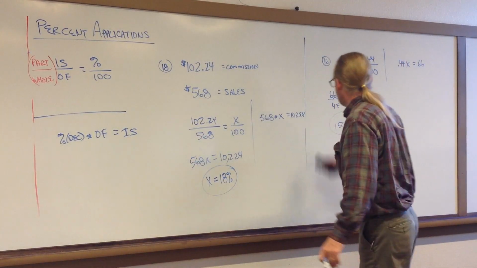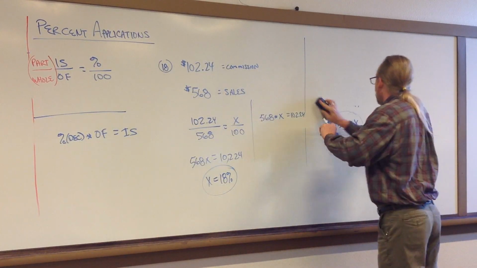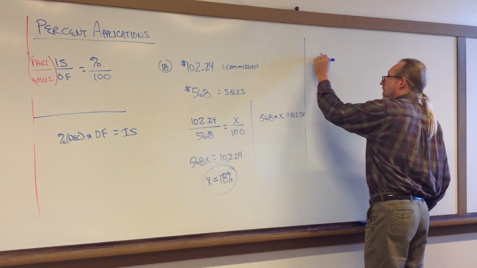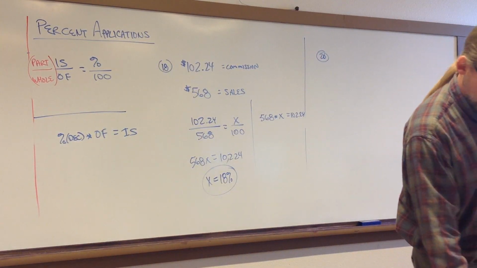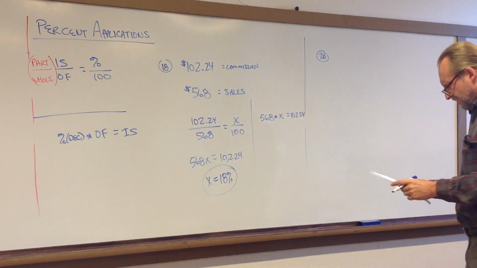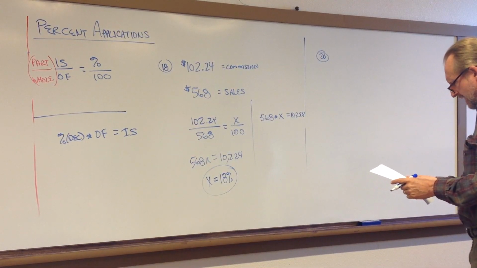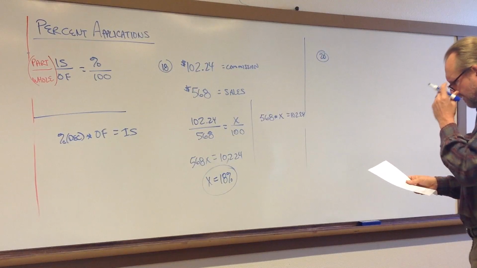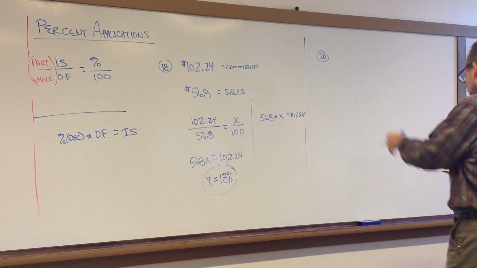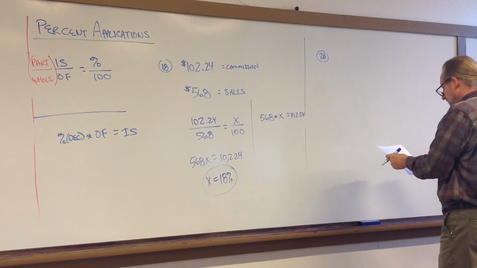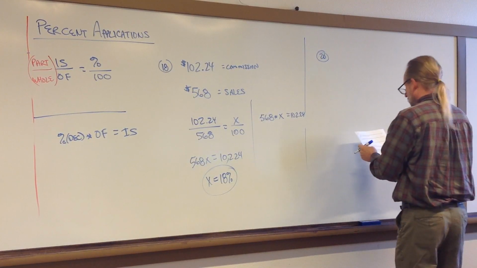All right, let's see here. Problem 20. A basketball player hit 16 out of 20 free throws in a game. What percentage of free throws did the player make? What percent did they miss? Well, this is actually very similar to problem 18, okay?